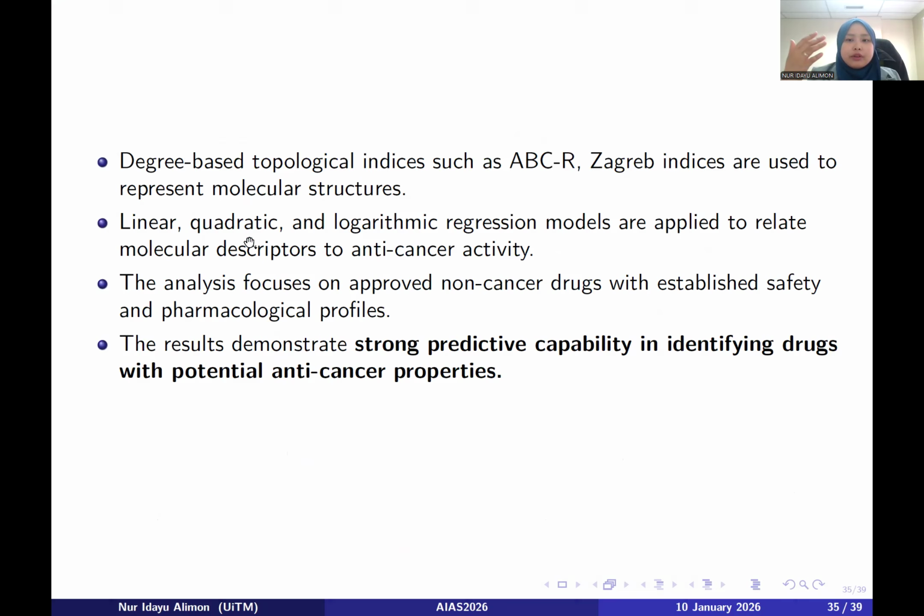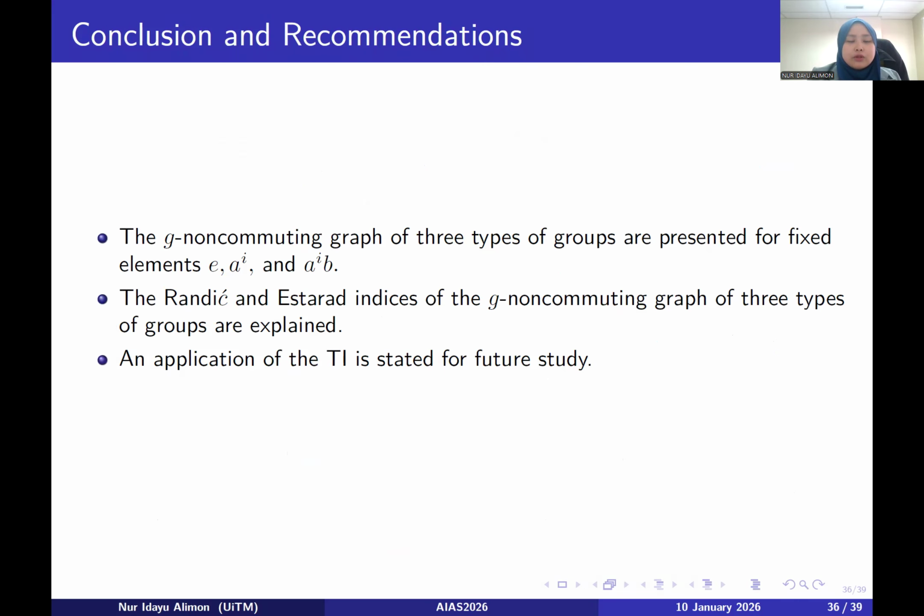Okay, from the results of that paper, the results demonstrate strong predictive capability in identifying drugs with potential anti-cancer properties. As for the conclusion, the G non-commuting graphs of 3 types of groups are presented for fixed elements E, AI, and also AIP, and then the Randic and Estrada indices of the G non-commuting graph for 3 types of groups are explained, and also some applications of the TI are stated for future study.